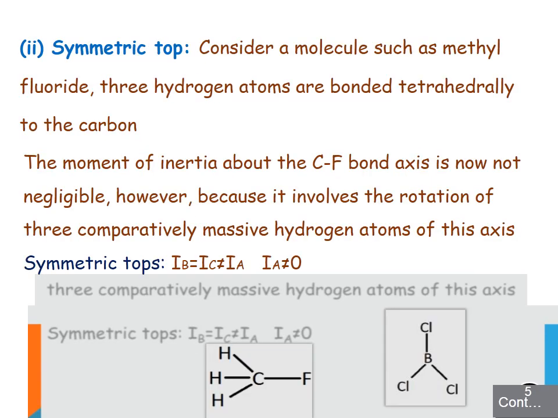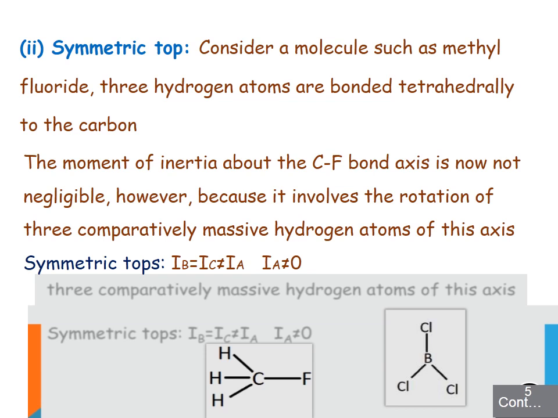Then we come to the second type of molecule, the symmetric top molecule. Consider a molecule such as methyl fluoride, with the figure shown at the bottom. The three hydrogen atoms are bonded tetrahedrally to the carbon atom.